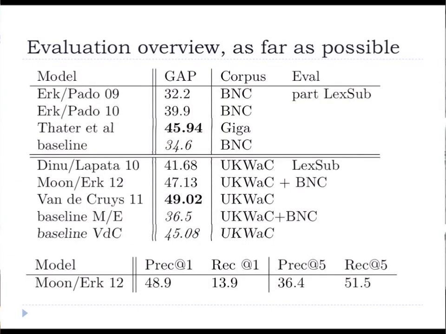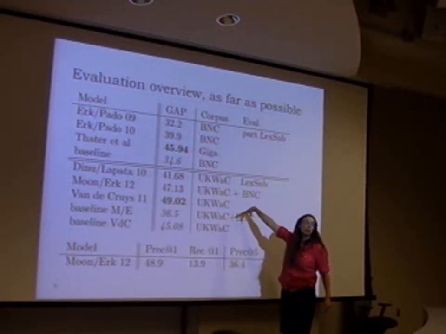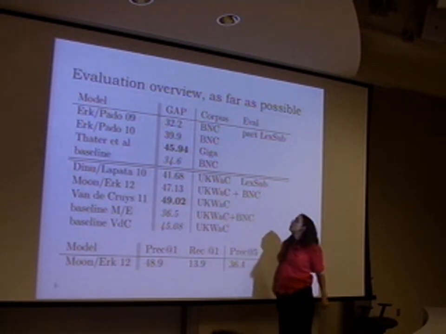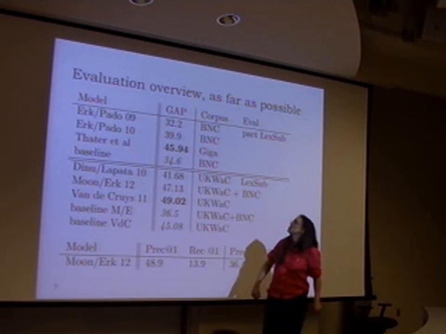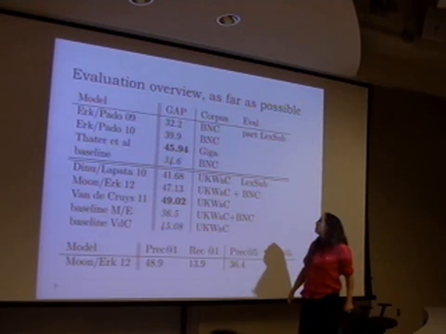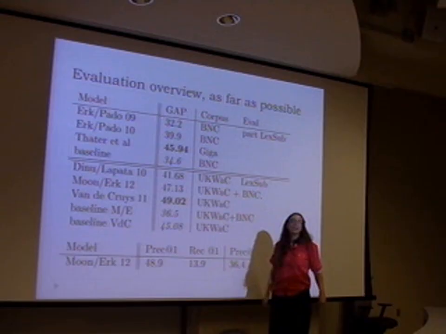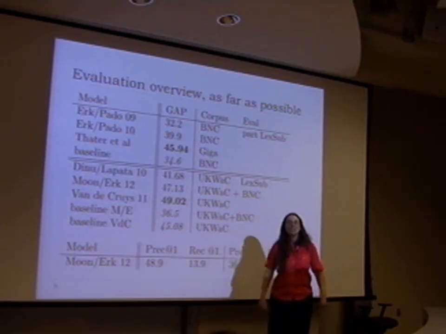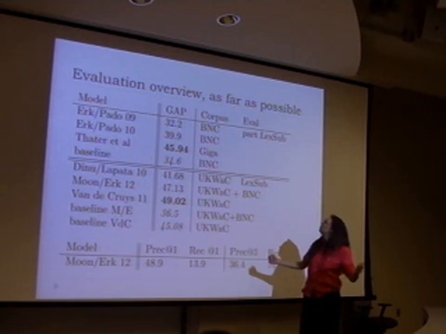So evaluation, as far as possible, you can see it's a mess because of the evaluation measures picked, but also because people built their vectors on different corpora of vastly different sizes. BNC is about 100 million words, GigaWord is about 1 billion, UK WAC is about 2 billion, and of course that's going to have a big effect on how well your model works, so we can't really compare.